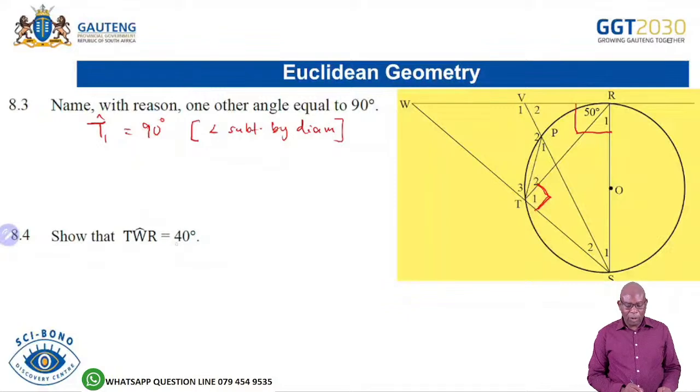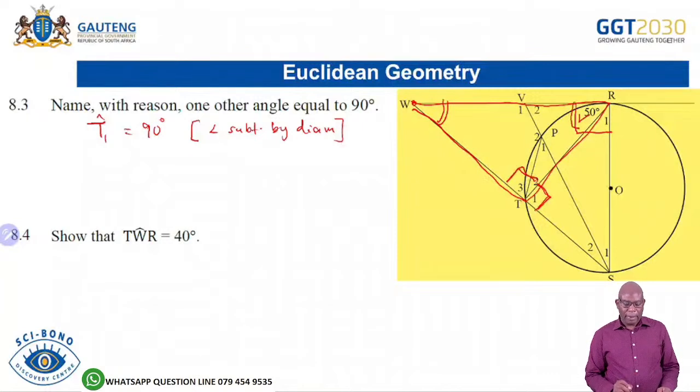Show that TWR is 40. TWR. So I know that this one is 90, that one is 50, and they're looking for TWR, that angle here. So if this is 90 and that one is 50, then my TWR will be equals to 40. So that's how I show it. So how do I show it?